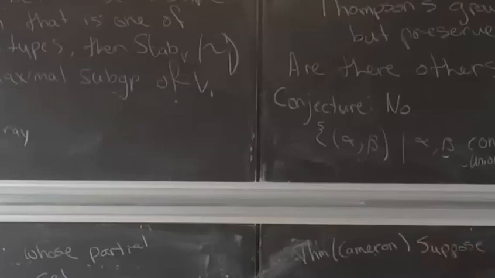Suppose that a group G has a highly homogeneous action on an infinite set omega, and that for some k, G is k-transitive but not k plus 1 transitive, and k is at most 3.